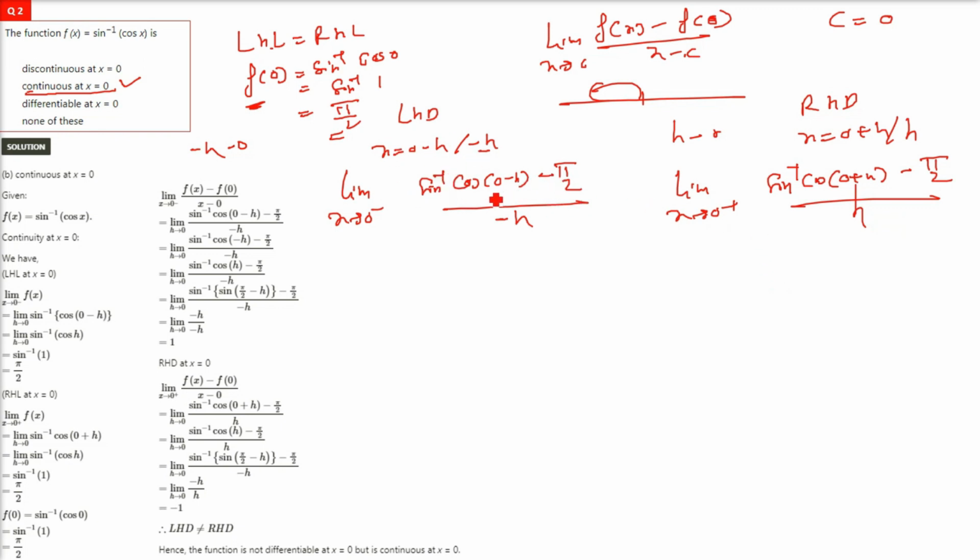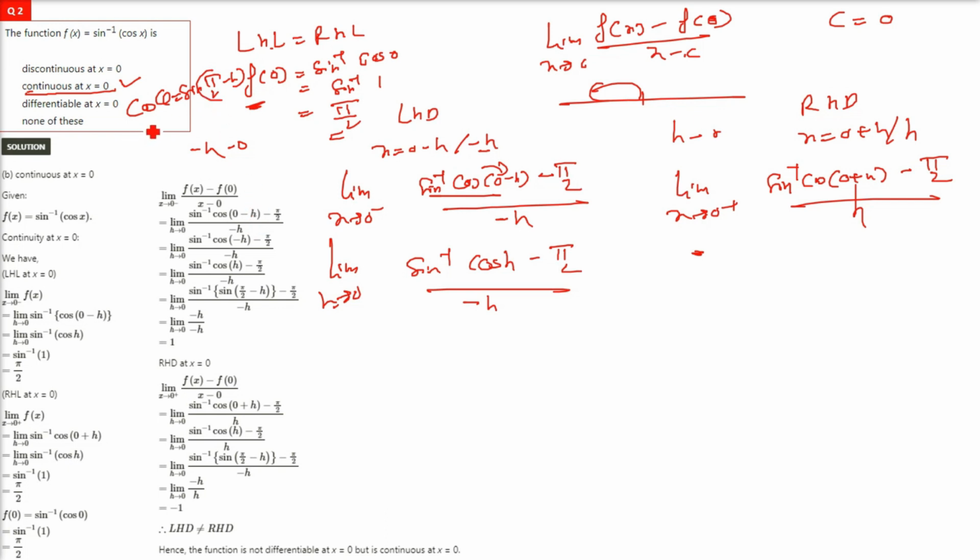Now we cannot go ahead just like what we have done in continuity, because this cos theta you can always write as sine of 90 minus theta. So I am changing the limit h tends to 0, and we need to write this because cos of minus theta is plus cos theta, so you can just write that as cos h. So we'll try to cancel this sine inverse and sine, because we know that cos theta is sine of 90 minus theta, and cos of 90 minus theta is sine theta.